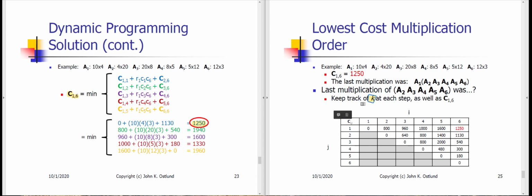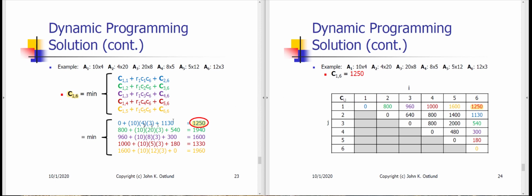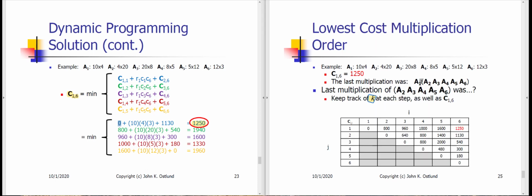In our case, we know that because we have this computation giving us the best value, the lowest value, the implication here is that we must be multiplying A1 last. All right, so we're multiplying A1 times the lowest cost ordering of A2 times A3 times A4 times A5 times A6.